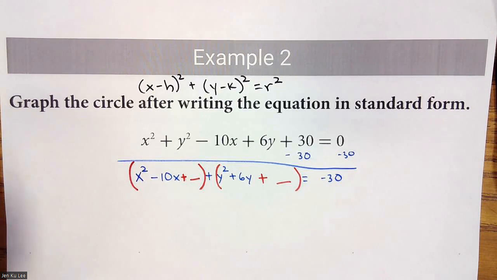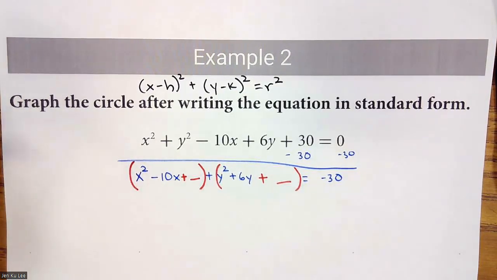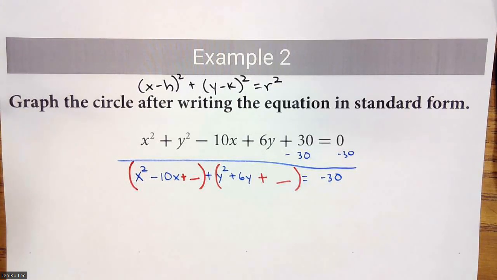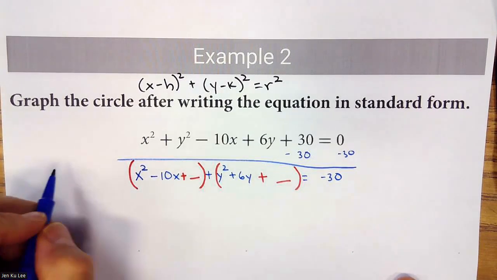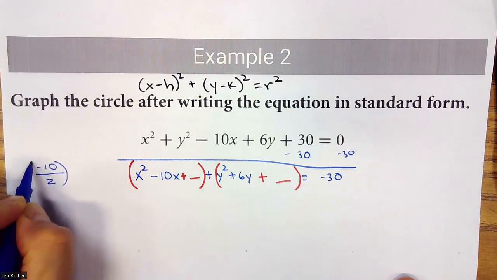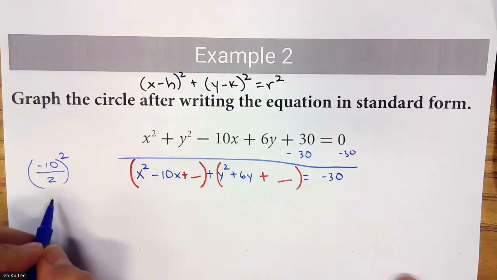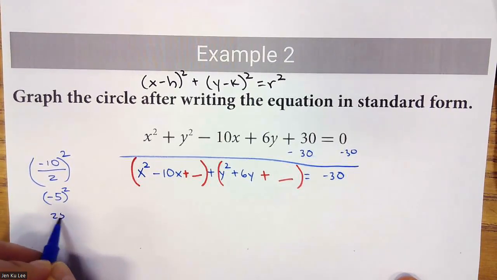Does that make sense? I'm setting up the completing the square process. So I'm going to get this negative 10, divide it by 2, half it, and square it to get negative 5 squared, which is 25.